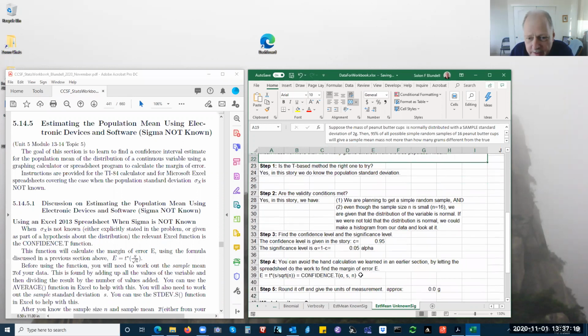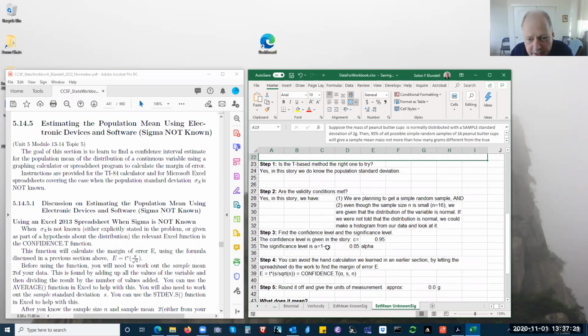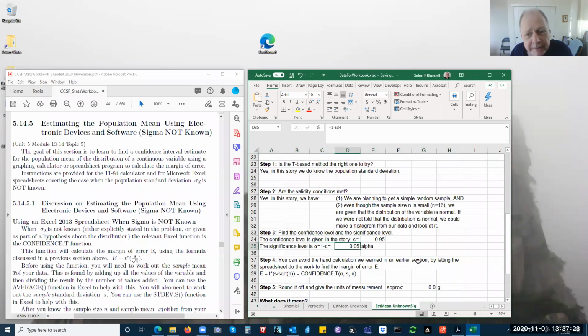So the significance level is 1 minus that, or 0.05. That's alpha. This lowercase Greek letter alpha looks like a little fish. That's the significance level.